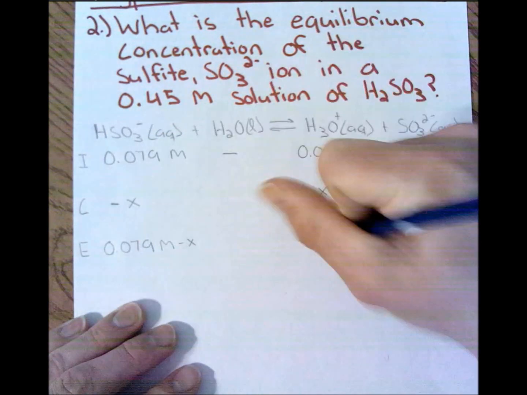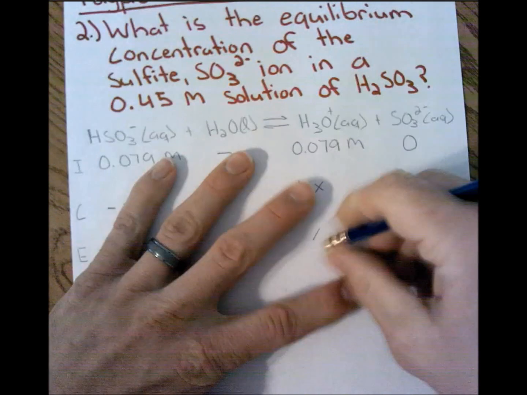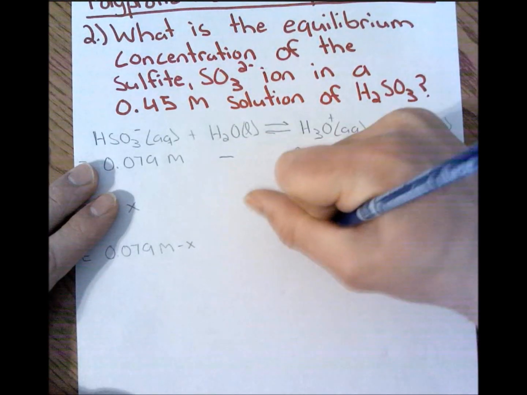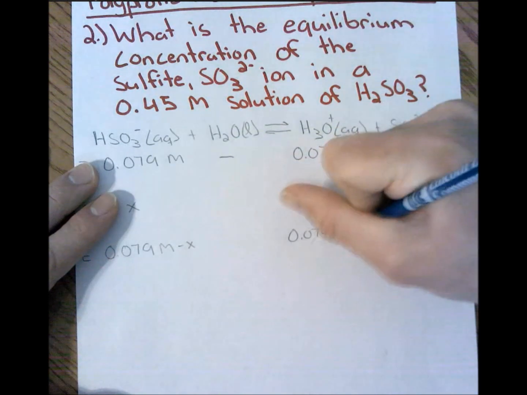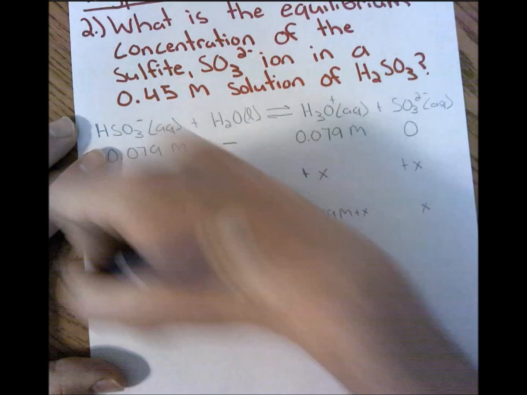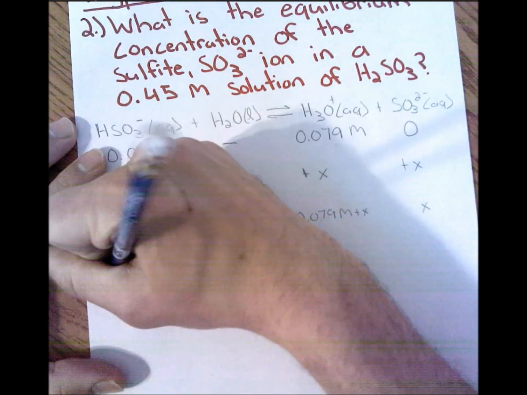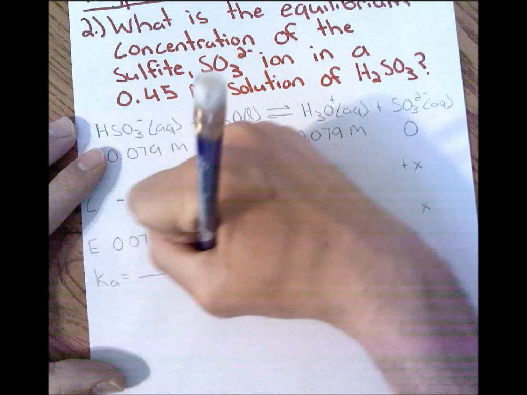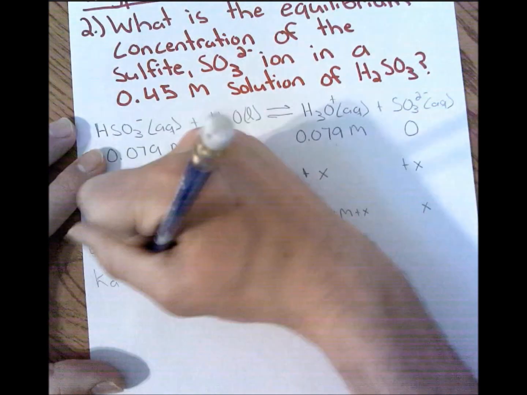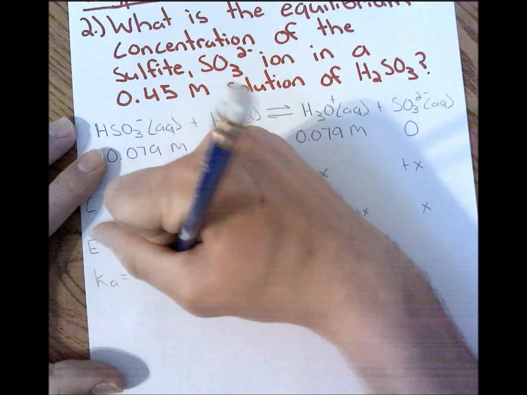Now, I always like to do this: Ka equals what we have at equilibrium. So we have H3O plus, we have our SO3 2 minus, and then at equilibrium we have HSO3 1 minus.